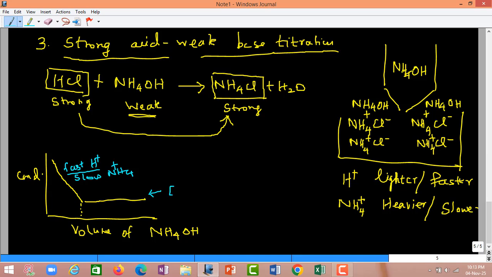This is because of excess ammonium hydroxide molecules present. This is a weak base. Being a weak base, it will not dissociate much, and so there will not be a very great increase in the number of ions and hence the conductance.